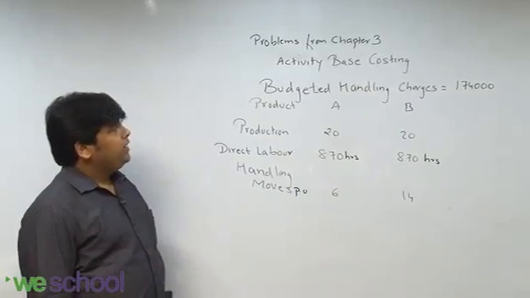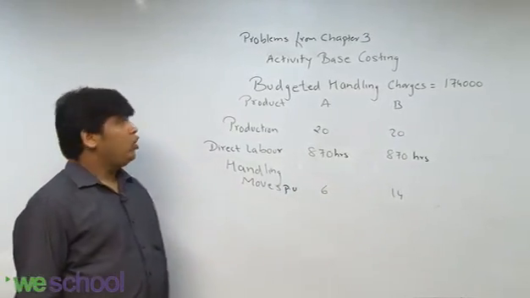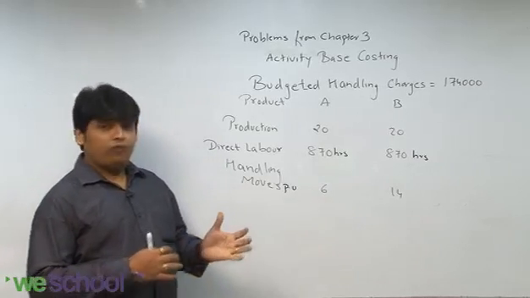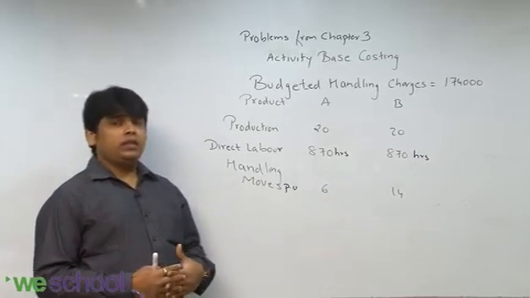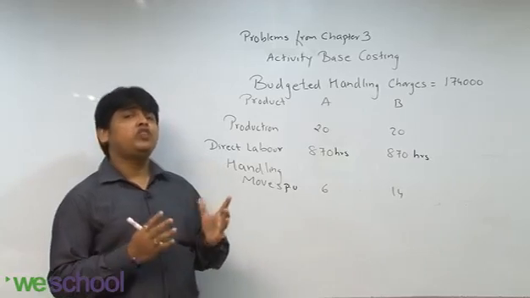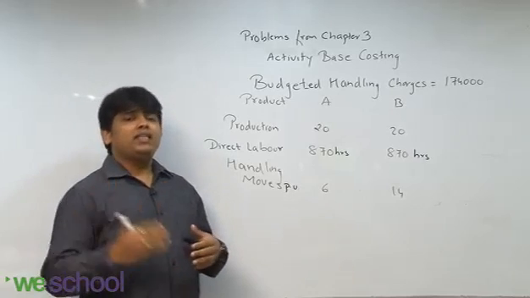Now, my friends, there is a technique called activity based costing. Since you are already familiar with it, in the traditional costing method, I explained with one example in the video of the first chapter, in which I took a three product example.